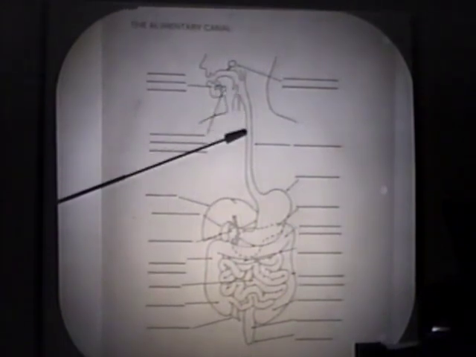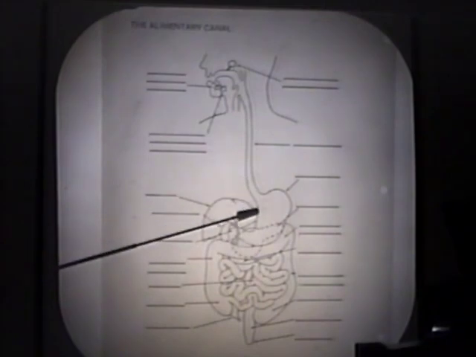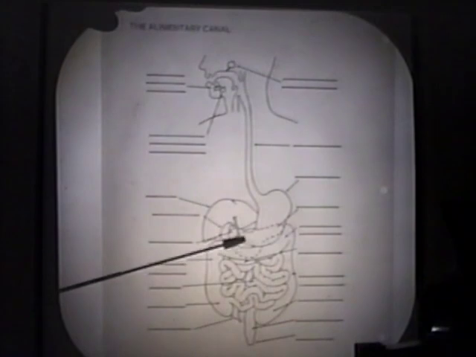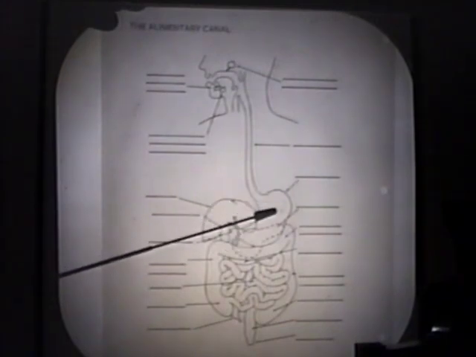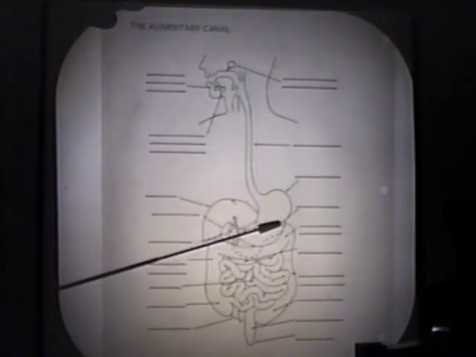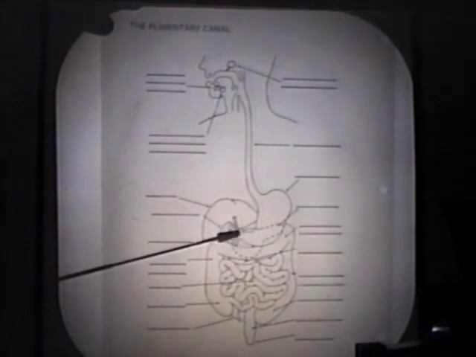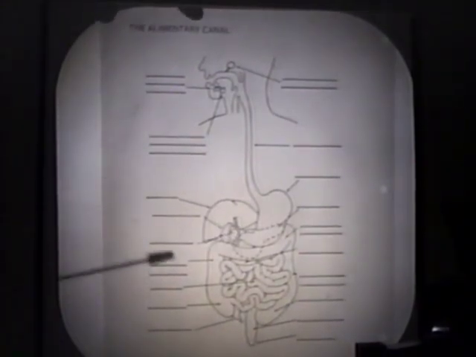So we see the esophagus here, which moves on down into the stomach. The stomach is this organ right here, and it is superimposed with this dotted organ, which represents the pancreas. The reason that the pancreas is a dotted organ is because the pancreas is actually on the underside.